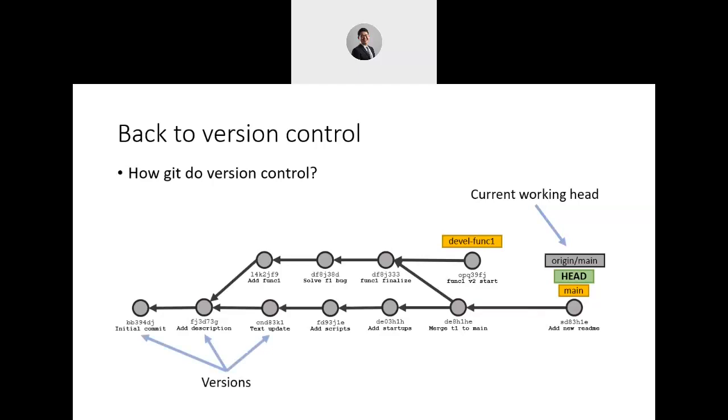Then in the Git and GitHub structure, they have versions. In this picture, you can see there are two lines under each dot. First, Git gives every version a random code associated with it.